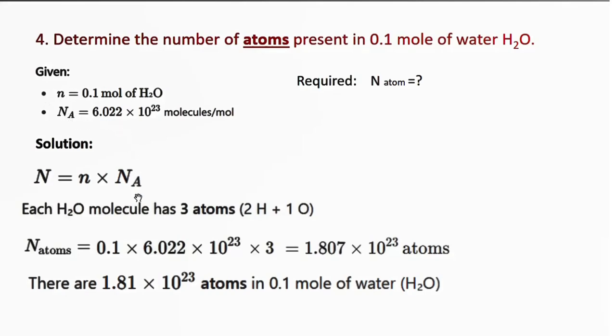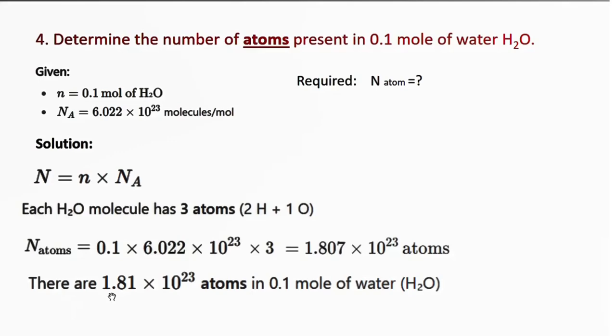We substitute them in their place and multiply by 3 here. Why 3? Because in a water molecule, we have 2 hydrogen atoms and 1 oxygen atom. If we add them together, we have 3 atoms in each molecule. Therefore, we multiply by 3 here and we get the result, as you see.